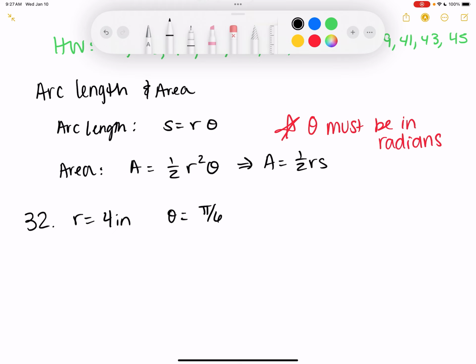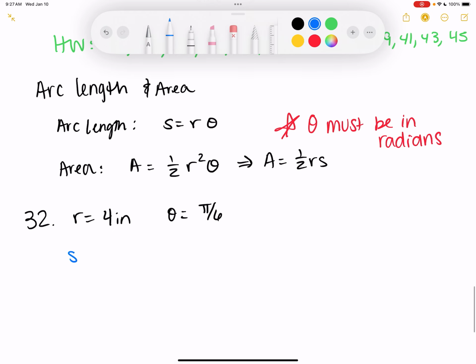So first thing is arc length. Theta is already in radians, so I'm good to go. So S is equal to 4 times pi over 6. And you'll be actually typing those in. You're not going to leave your answers in terms of pi for this. You'll go to 2 decimal places for your answers.